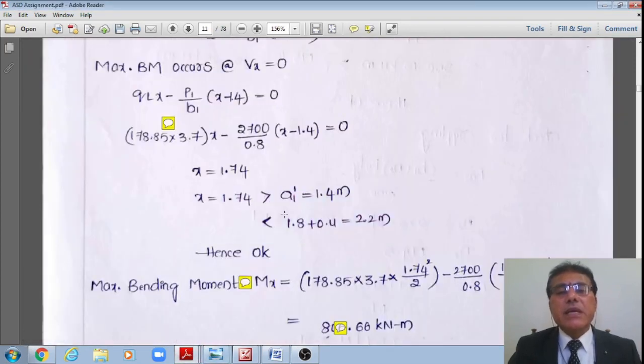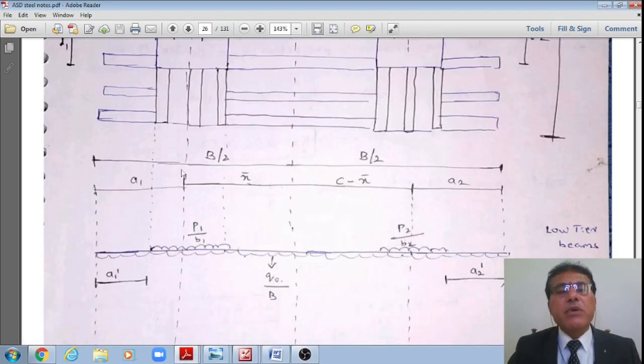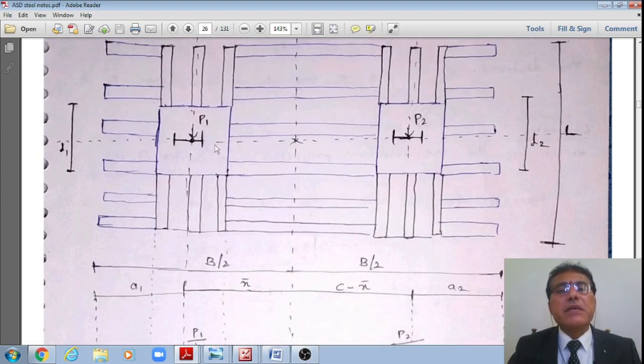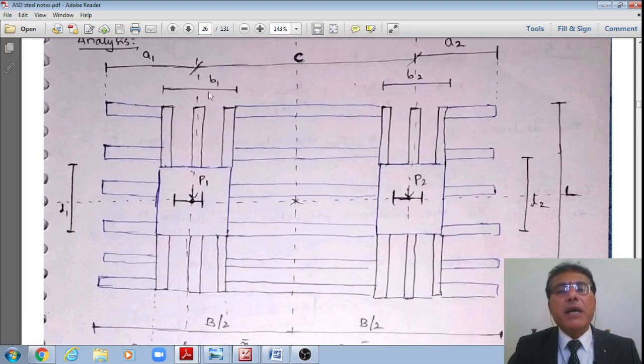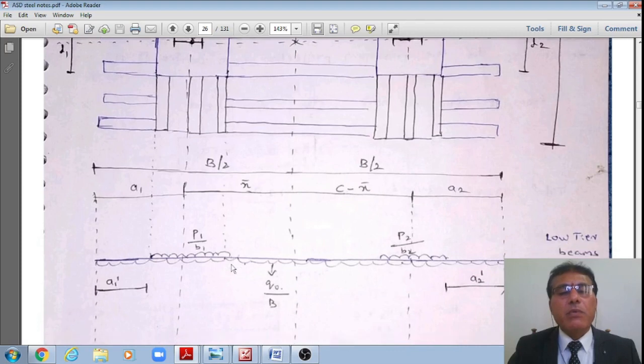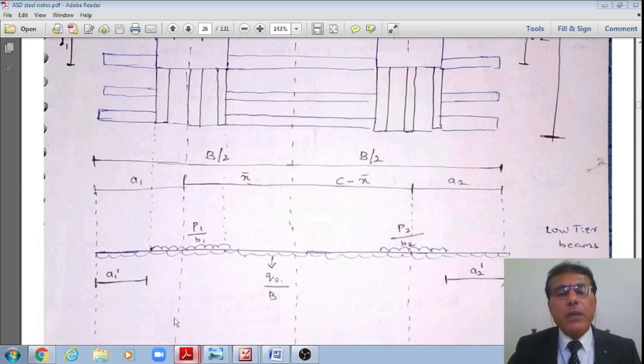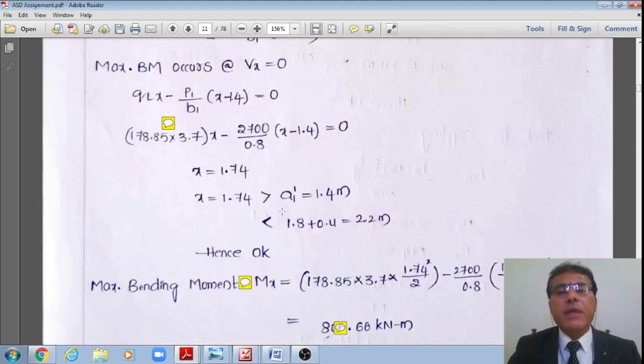And is it less than the upper bound? This upper bound is equal to A1 plus B1 by 2. That numeric value works out to 1.8 plus the width of the base plate 0.8 divided by 2, which is 0.4, therefore 2.2 meter.